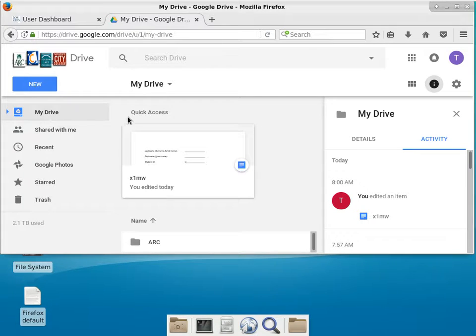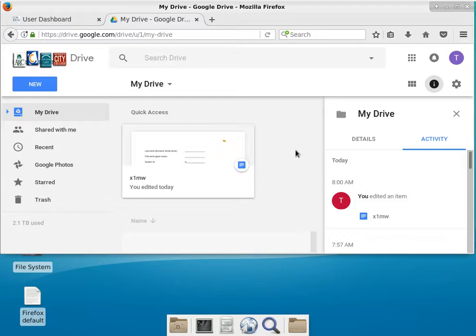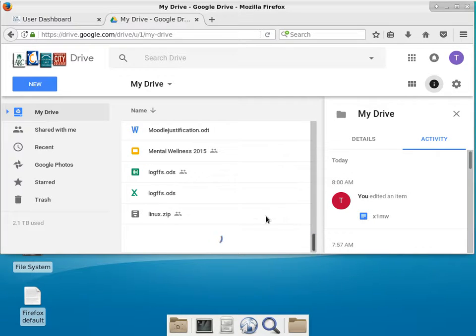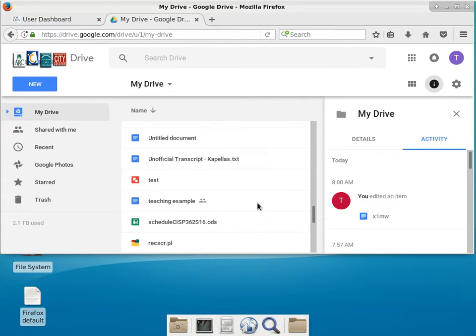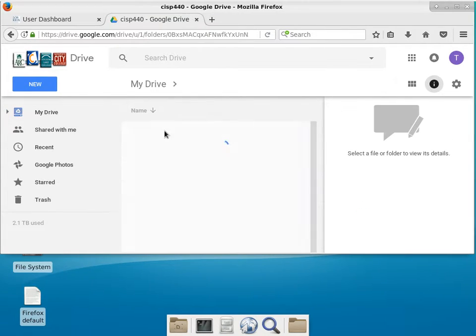So let's go to that particular drive. It'll just be a link on Canvas that we go to access it. So this is the cisp440.